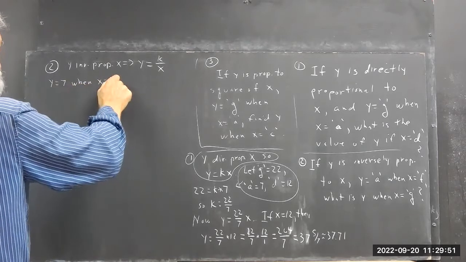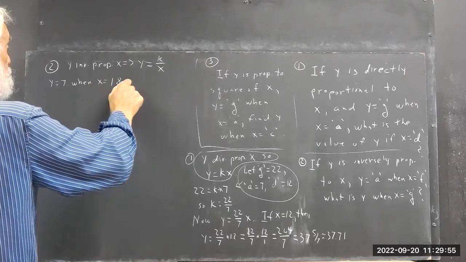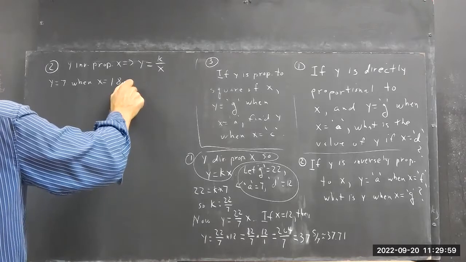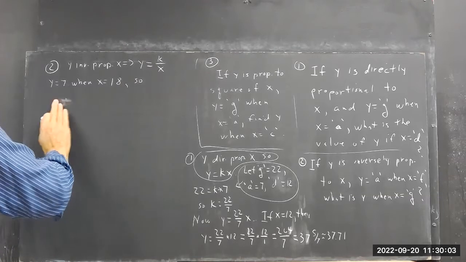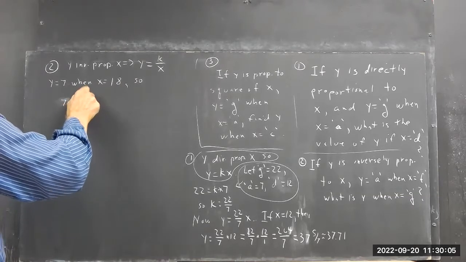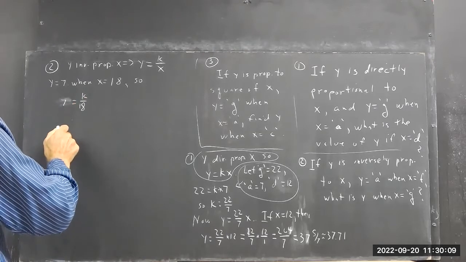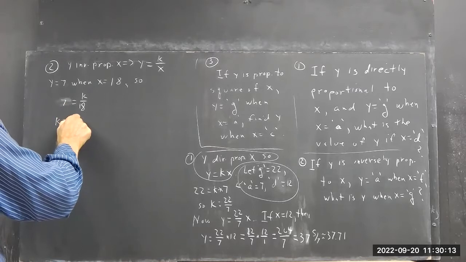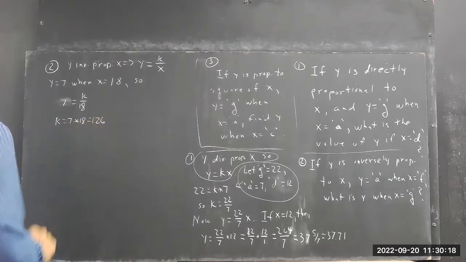X equals 18. So 7 equals K divided by 18. Thus, K equals 7 times 18, which is 126.